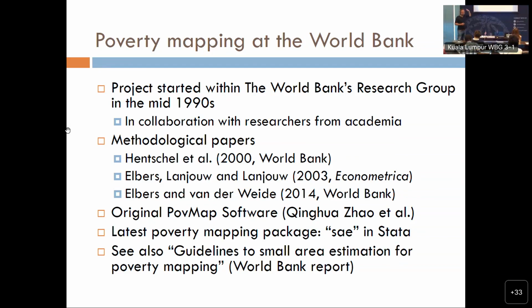There was huge demand for it, and within a record amount of time, after Ecuador being the first, it was applied in like 60 countries worldwide. And now I think it's more like 100 countries worldwide. Many countries now have multiple poverty maps over time, so you can also track poverty at the municipal level across decades. I have a paper with Chris Elbers on something I'll talk to you about later on.